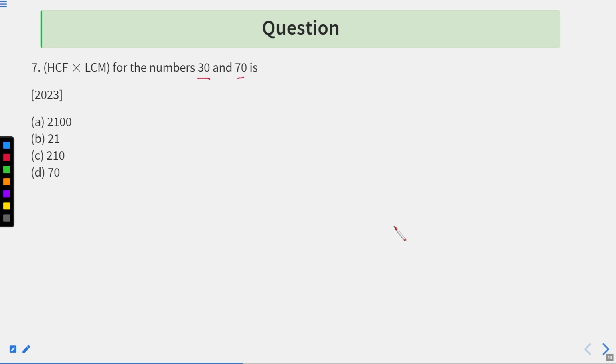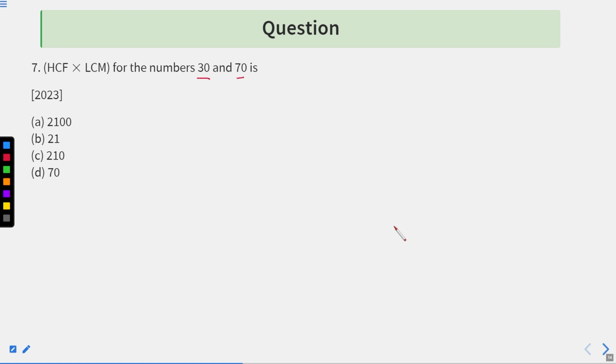Okay, so for two numbers, this is true. So HCF of A, B times LCM of A, B is equal to the product of A and B. But if you take three numbers, then in that case HCF of A, B, C times LCM of A, B, C does not equal the product of A, B, C. Okay, so this must be kept in mind. For three numbers, this result does not hold.